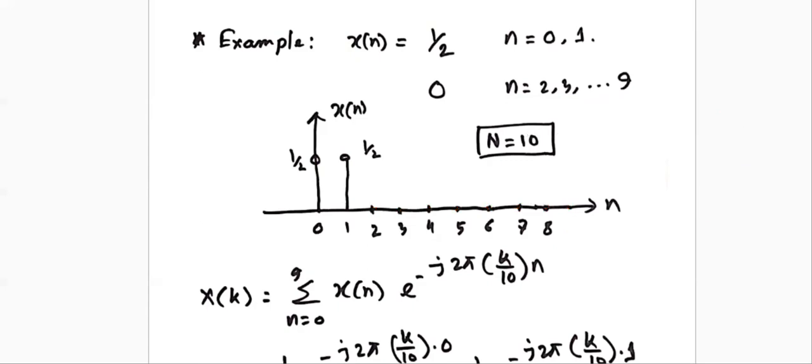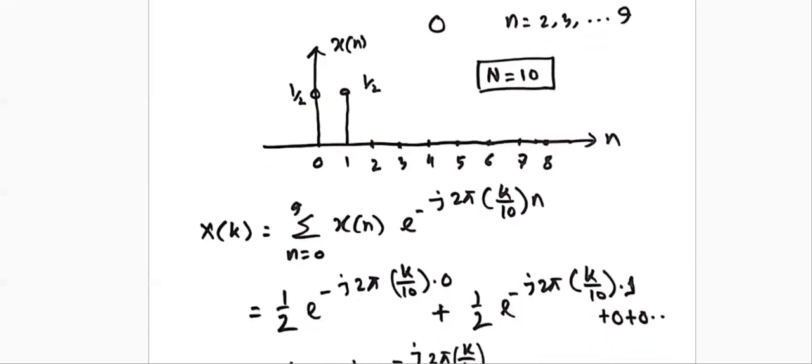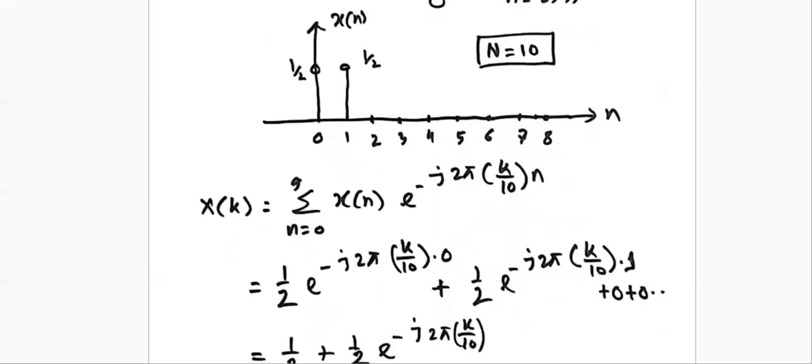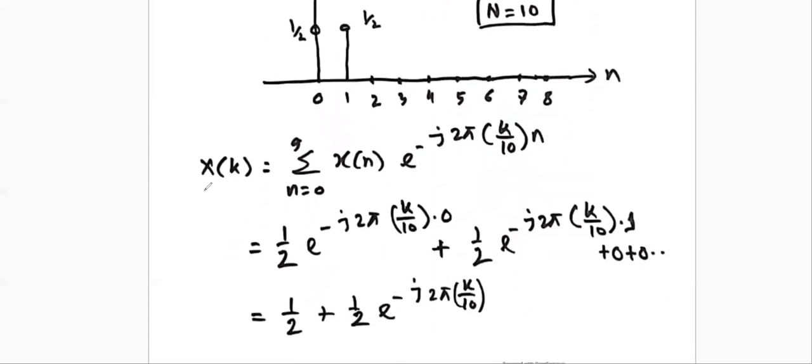Why are we doing this? Okay, so in step number 1, we need to find the Xk. So xn e to the power minus j twice pi k by N into n. Conventionally we write it like this, minus j twice pi divided by N into k into n, or you can write e to the power j twice pi k by N into n.